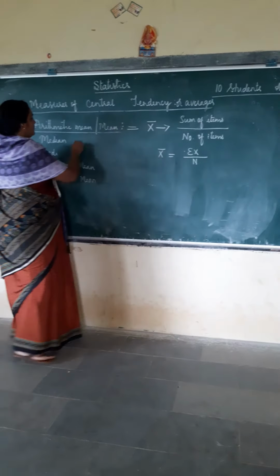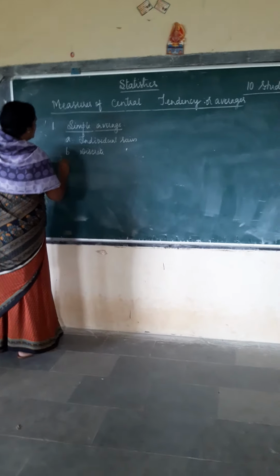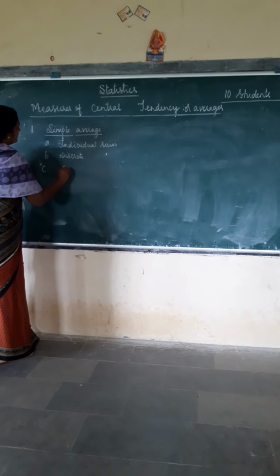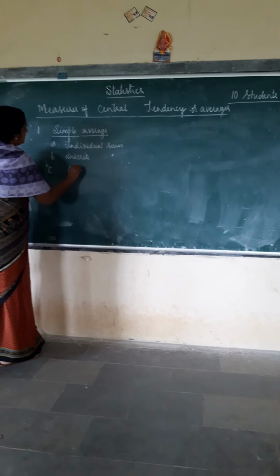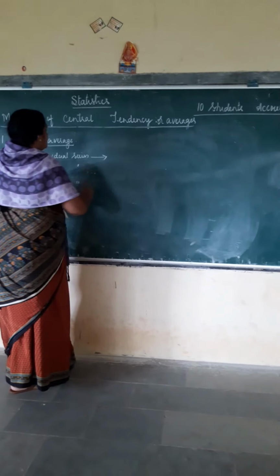So we have different types of data as we have studied in the previous session, that is individual observations or individual series, discrete series and continuous series. Now first let us take a problem on individual series.